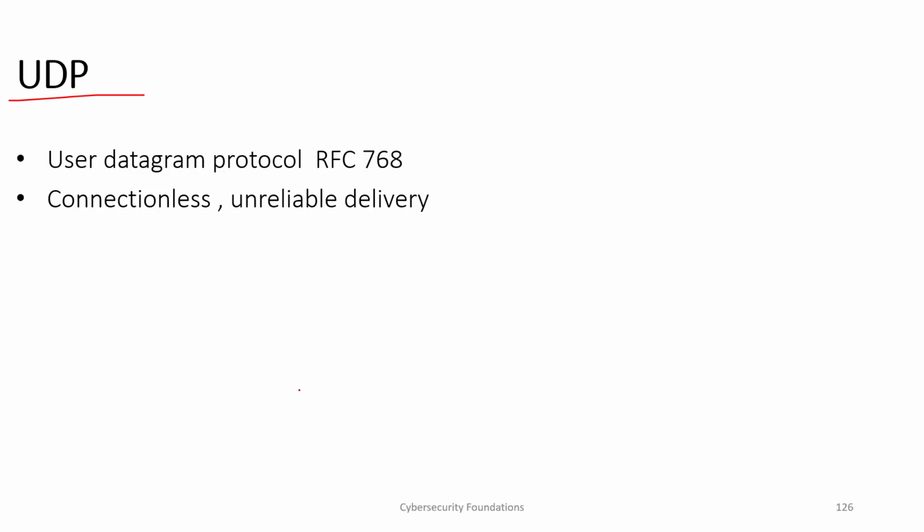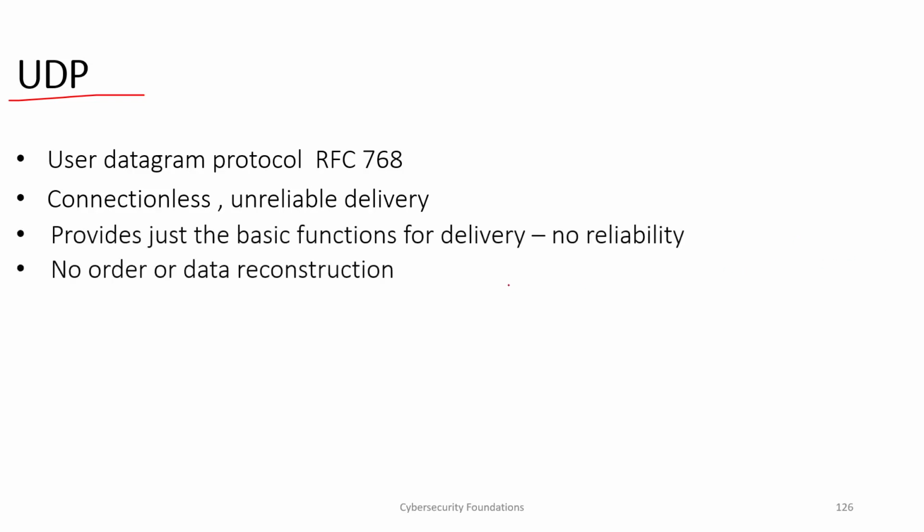For example, in Zoom meetings, when I encounter a network connectivity error, what I am currently saying will be lost because it is connectionless. Your Zoom application will not send a request to my application to resend what I said a few seconds ago. So UDP is another transport header protocol, but it can be used only for data that does not require reliability, such as voice data.